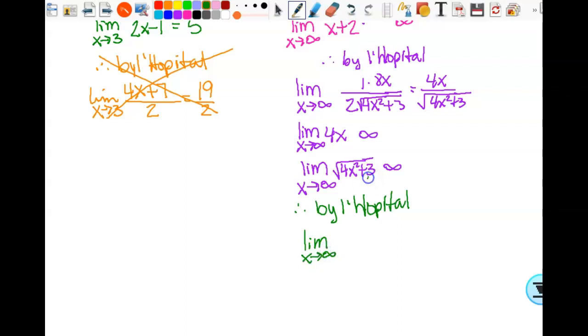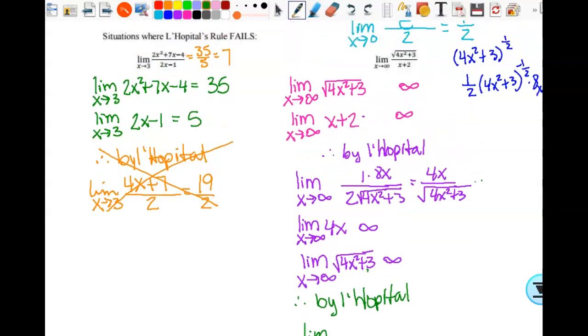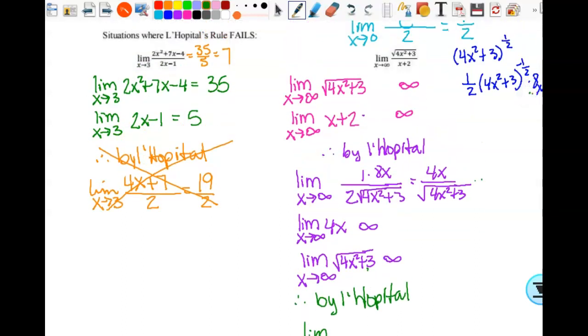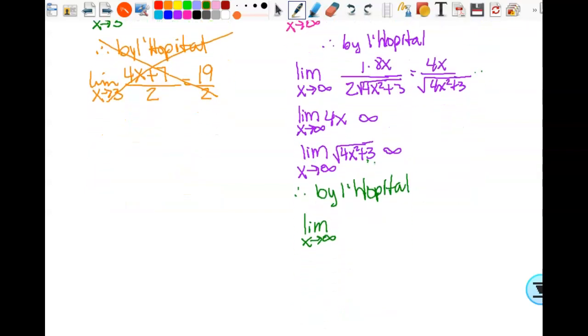Do we know what the derivative of this is? What's the derivative of this? It's this right here, right? Because look, we took this derivative, and we put it in here, and then we just simplified it. So when I take that derivative again, guess what I'm going to get? Exact same thing, right? In the denominator, I'm going to get that exact same thing, and then what do I get in the numerator? 4.